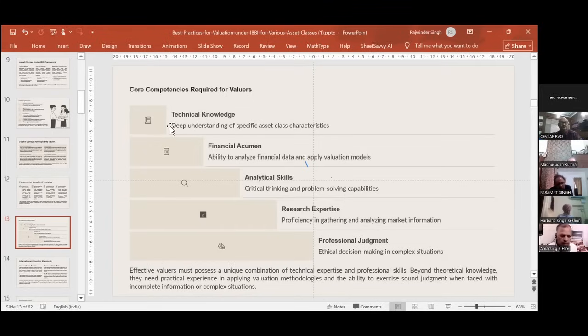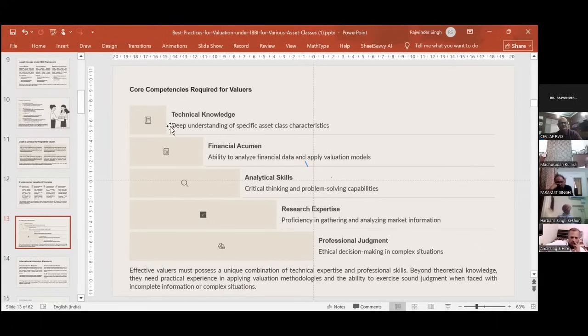This is especially important for security and finance asset class valuers, but it is equally important for all other asset classes. The valuer has the ability to analyze financial data, and he is able to apply it for the different valuation models.